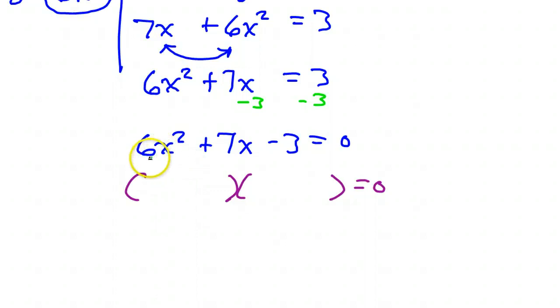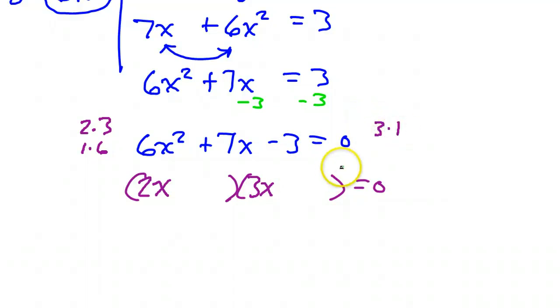When I look at that 6, I'm thinking, is this going to be 2 times 3? Or is it going to be 1 times 6? I always start off with the 2 times 3. Always. Now I look at this 3, and I know this can only be 3 times 1. It's the only way.